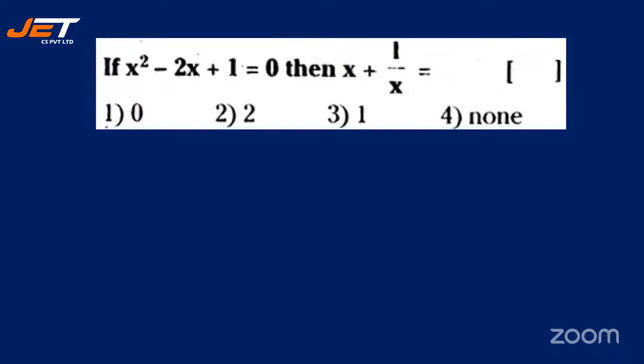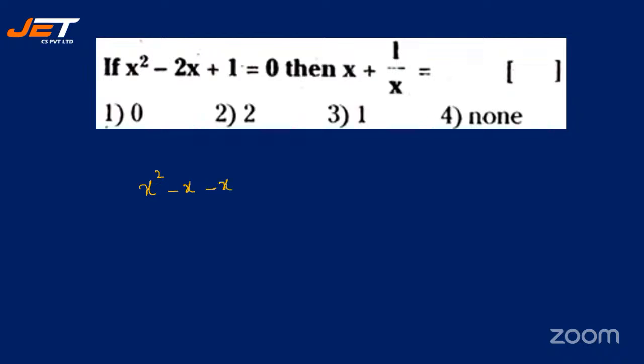See the next question. If x square minus 2x plus 1 is equal to 0, then what is x plus 1 by x? This can be solved by finding out the value of x. Let's try doing the sum. So x square, we want 1, so minus x minus x.